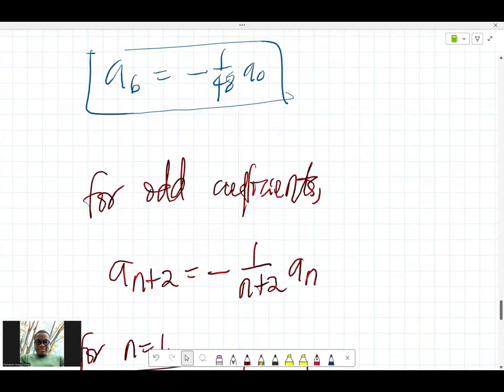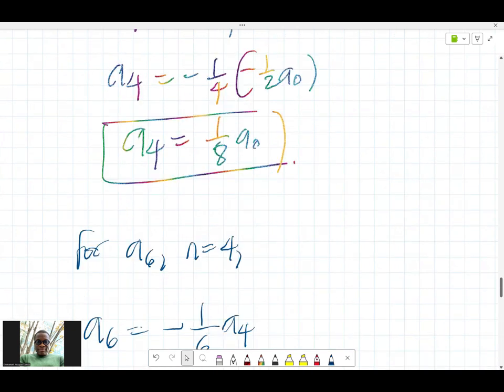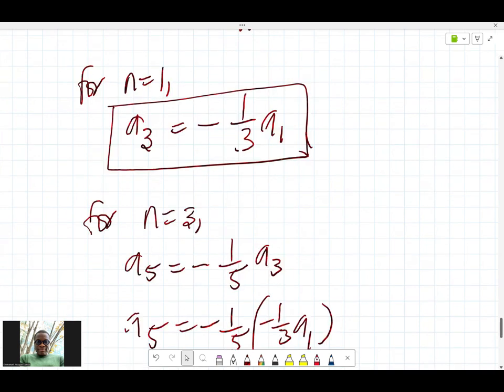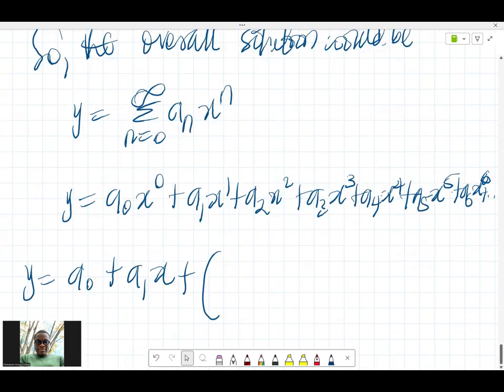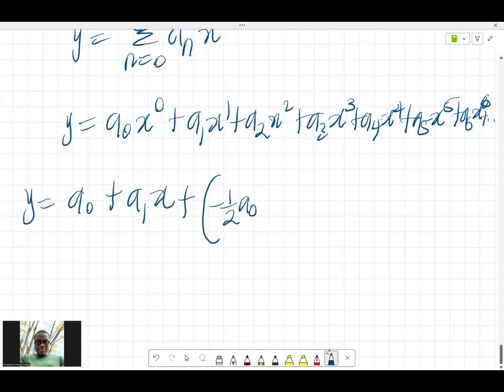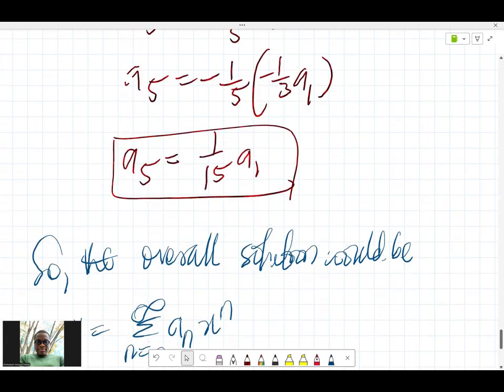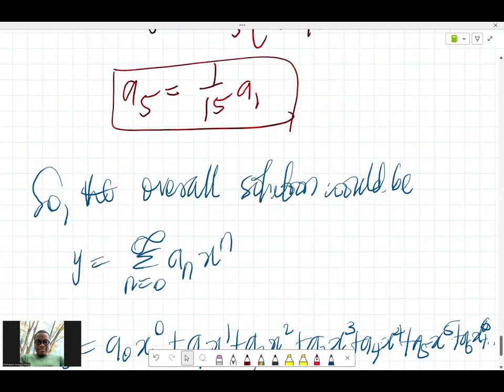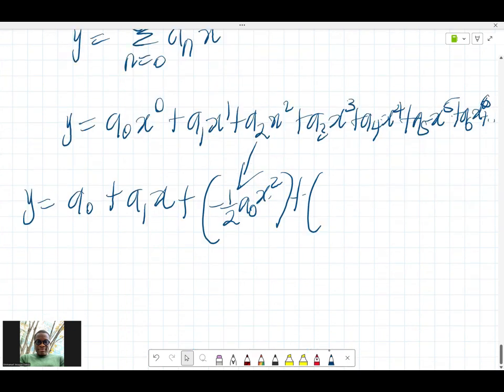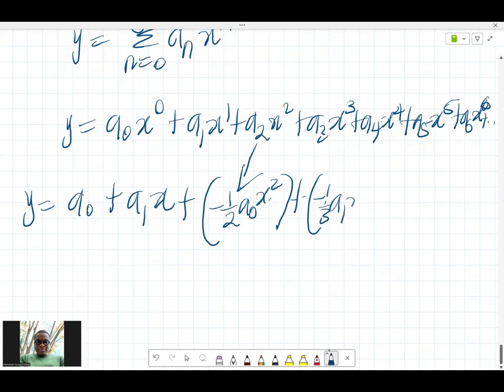So what is a2 now? A2 is minus a naught over 2. So that's minus half a naught x squared. Then for a3 we have minus 1 over 3 a1, so minus 1 over 3 a1 x cube. Okay, what about a4?